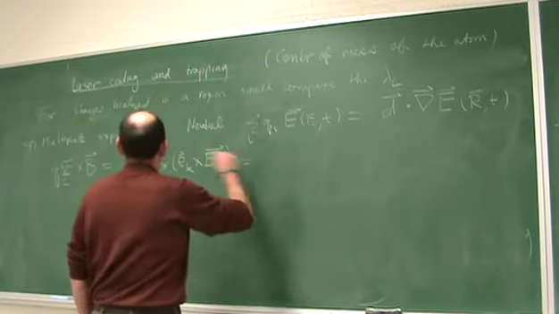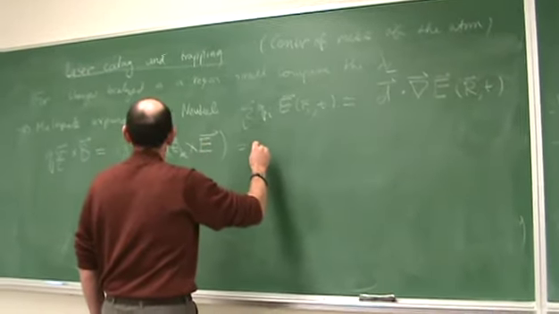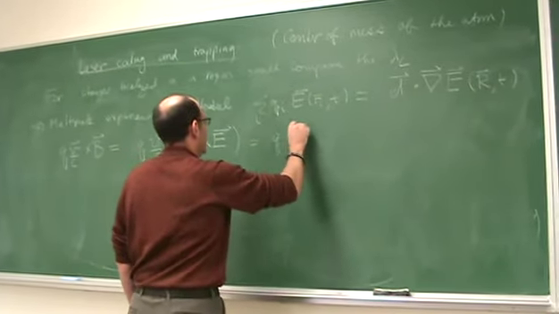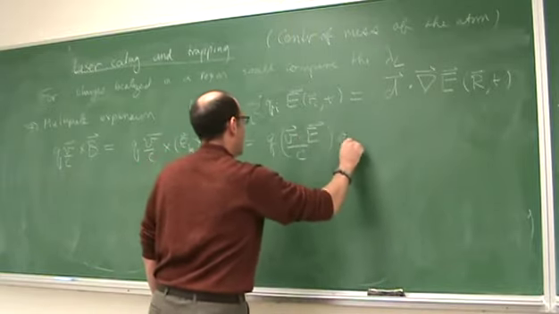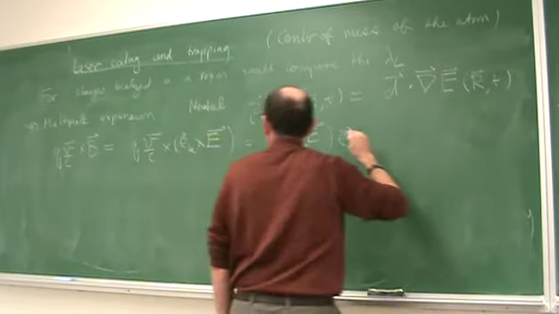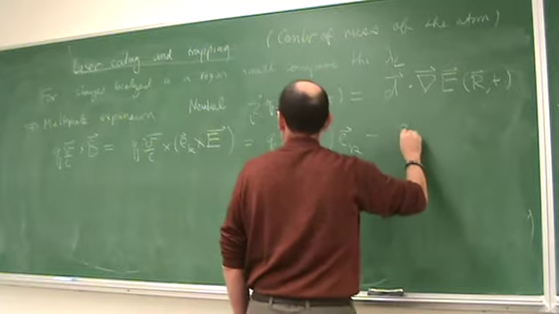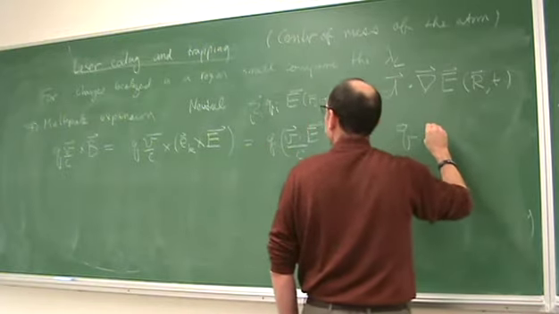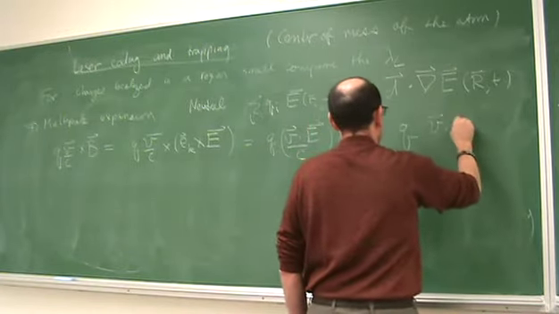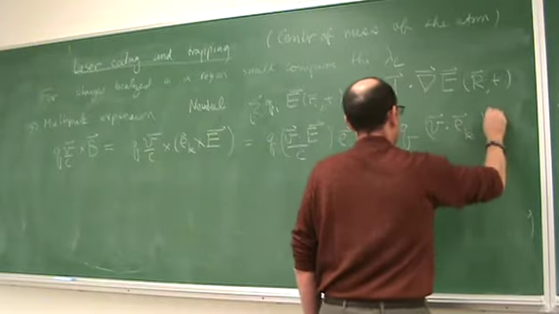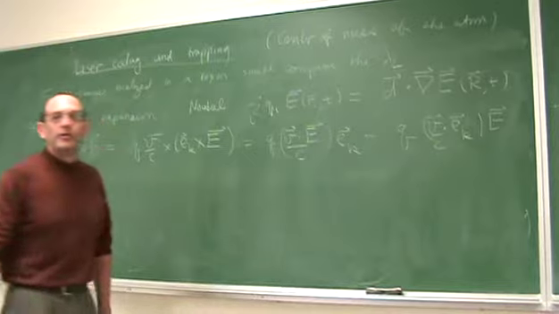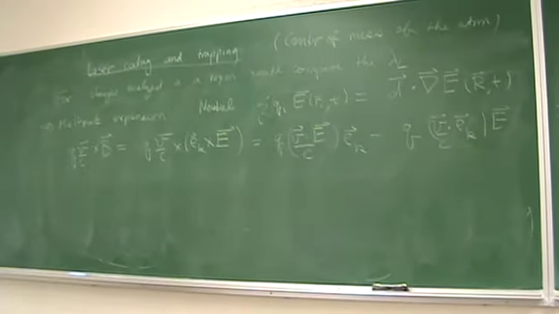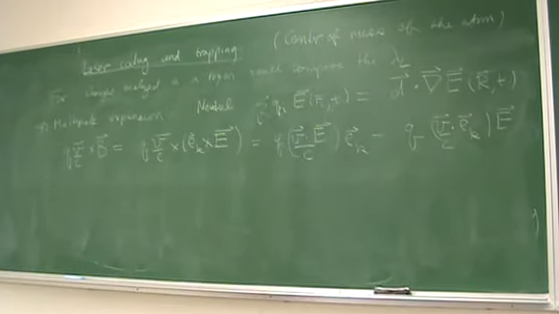So this then is equal to Qv dot E over c in the k direction, using the famous BAC minus CAB rule. Everyone knows BAC minus CAB, right?